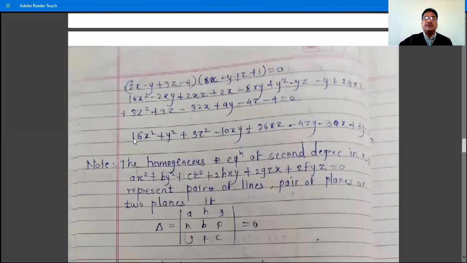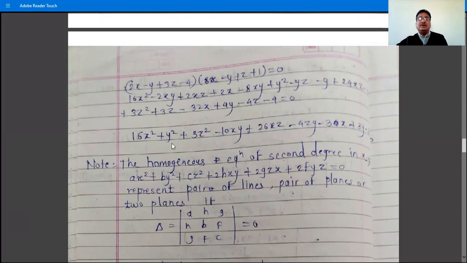The simplification is 16x square plus y square plus 3z square minus 10xy plus 26xz minus 4zy minus 3x minus 13y minus 2 equals 0. So this is the final answer.